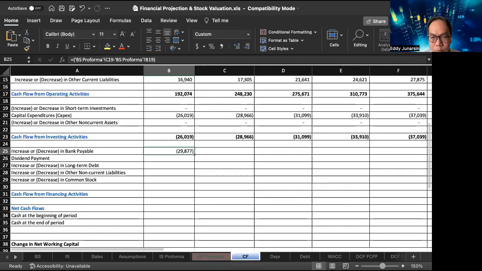Okay, so repaying your debt means you have the cash outflow, right? You disburse cash. Okay, so the relationship is positive. So if the amount decreases, it means that you pay something. If debt increases, it means you get some additional money into the company. Okay?